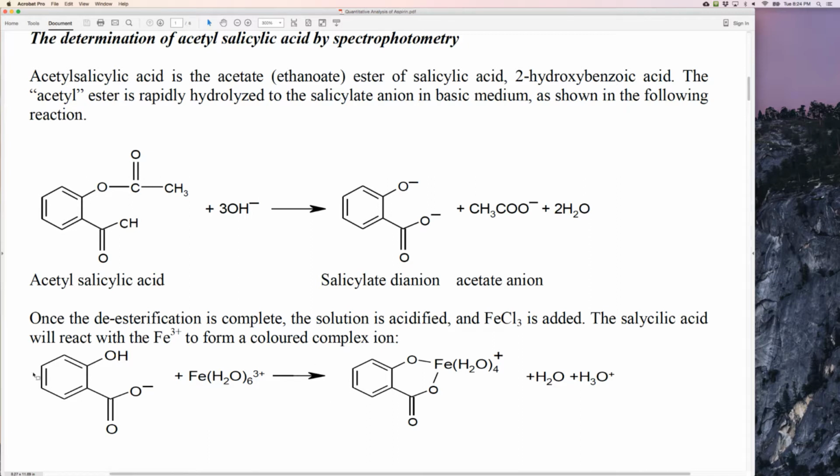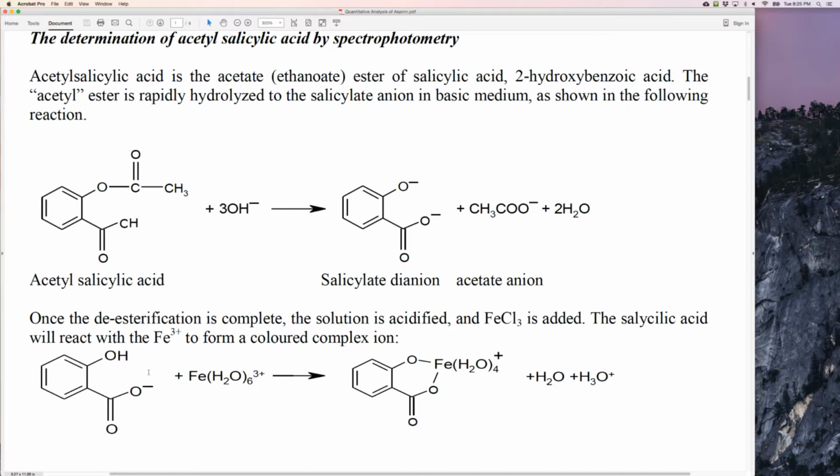And we're going to be using this reaction here at the bottom to create a standard curve, and that standard curve at multiple different concentrations is what's going to allow us to determine how much of this salicylate is actually in the aspirin tablet that we're using.